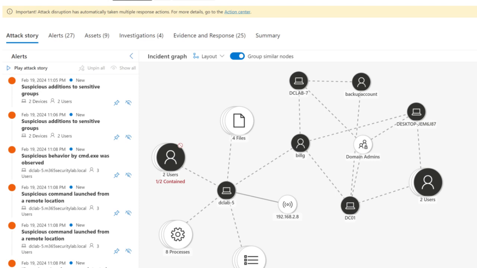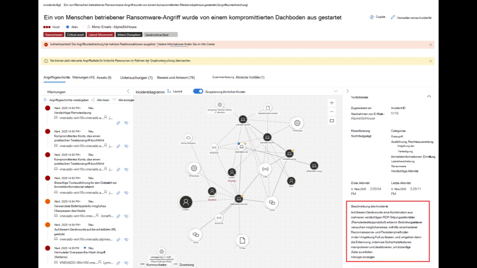On top of that, we can do automated response. Microsoft automatically isolates the affected user device and blocks malicious activities, so there is an automated response capability in this product. Then we can do investigation, which provides a timeline or an attack graph for security teams to understand and act quickly.